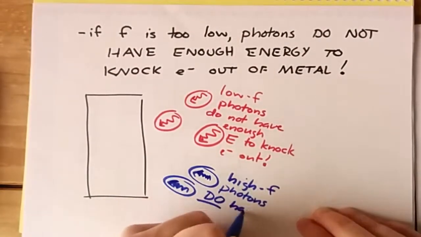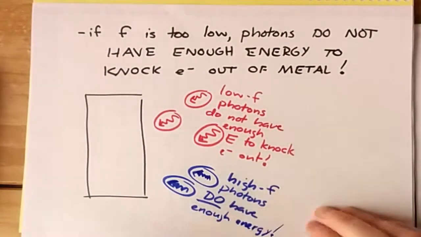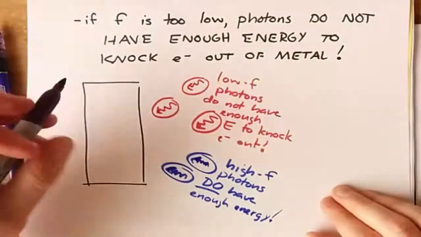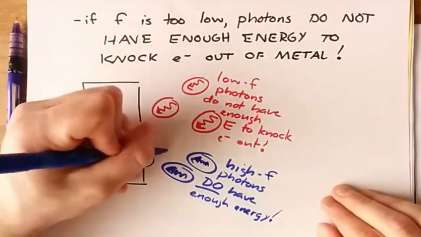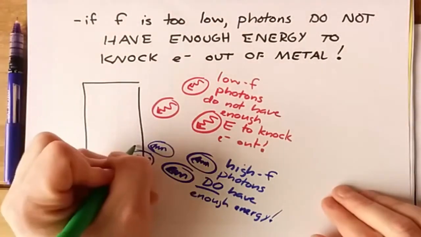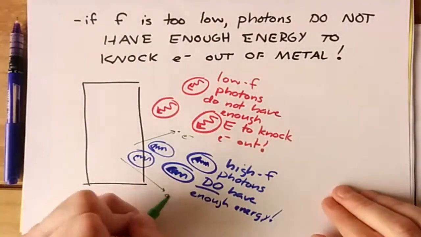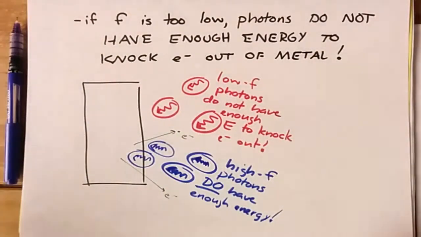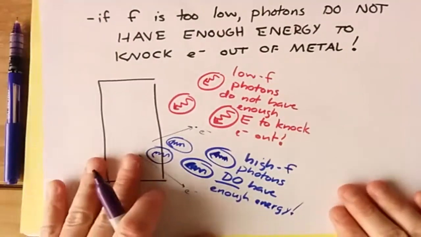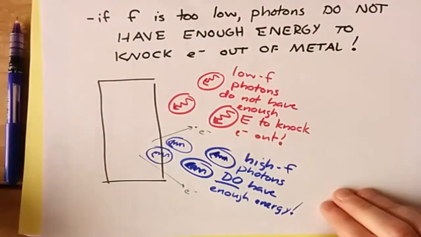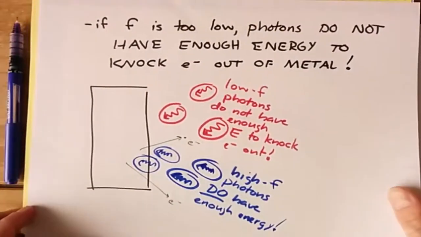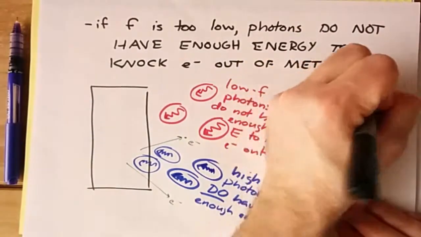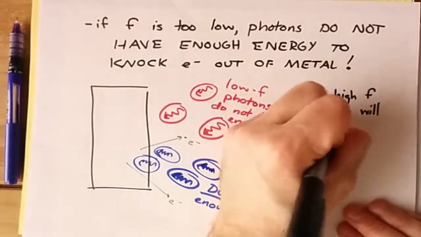And at higher and higher frequencies, those photons have more and more energy, and the photon is able to knock the electron out and provide more kinetic energy. So, at higher frequencies, the photons have greater energy, and so if a photon interacts with an electron, the electron gains much more energy, and it's able to escape the metal with much more kinetic energy.